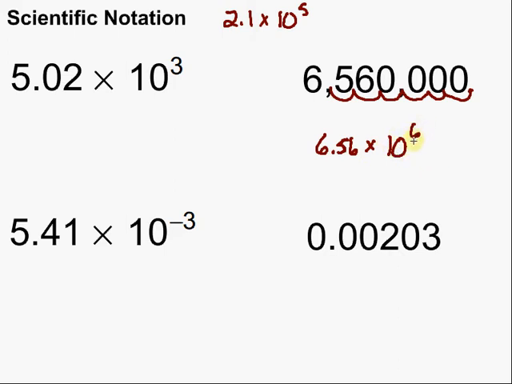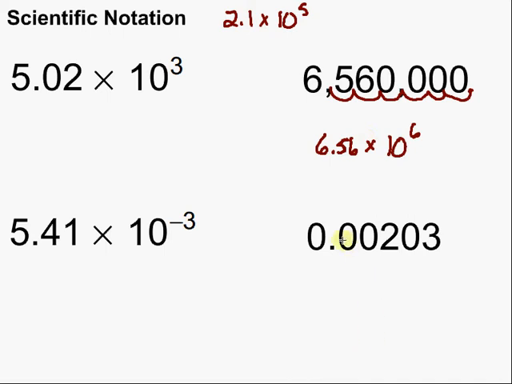Well, 10 to the sixth is a pretty large number, so it makes sense that this would be positive. If this was a negative power, that would be a very small number, which would make this number smaller. Well, this number is not larger than the one we started with, so we don't want to make it smaller, so the positive power is exactly what we should have.